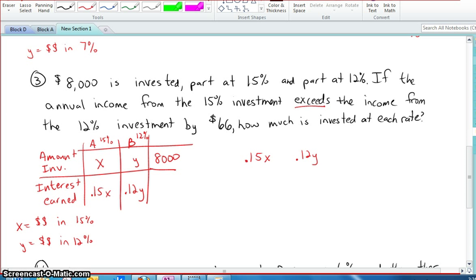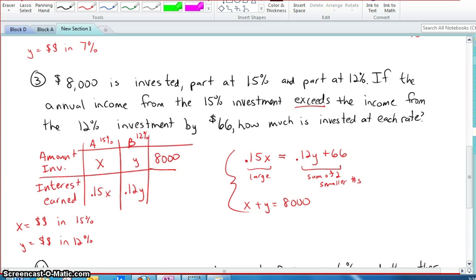How much bigger is it? By $66. So this one is larger, so I take the large one equals the sum of the two smaller. So there's one equation. My second equation is x plus y equals 8,000. So there is my system.